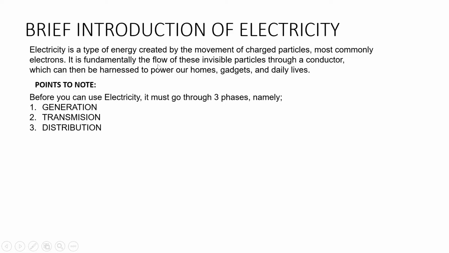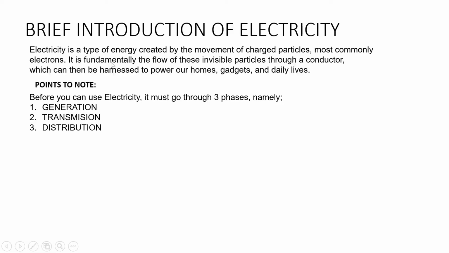It is fundamentally the flow of these invisible particles towards a conductor, which can then be harnessed to power our homes, gadgets, and daily lives. So, point to note in this definition is this: before you can use electricity, it must go through three phases, namely the generation phase, the transmission phase, and the distribution phase, right?